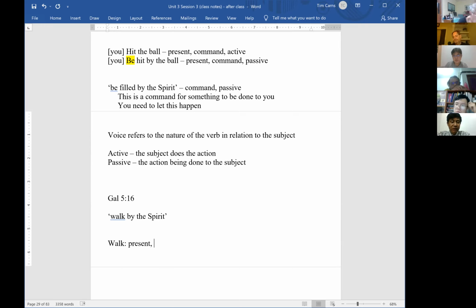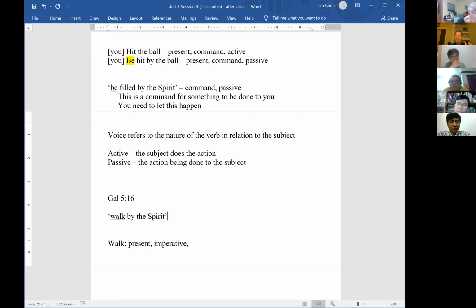What's the mood? The mood is imperative. It is a command. Yes, so it's imperative. Right. You walk by the Spirit, and then is it active or passive? Passive, because it's walked by the Spirit.